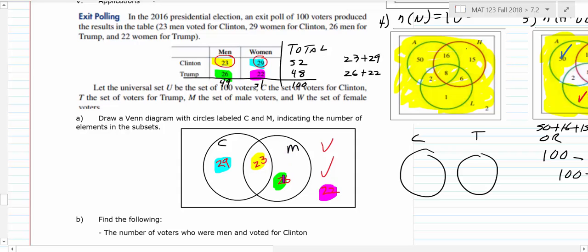These men voted for Trump. Everything outside of the men's circle is women. So that means 29 women voted for Clinton, 22 women voted for Trump. Notice that 29 plus 23 plus 26 plus 22 is 100 voters, like we expect.